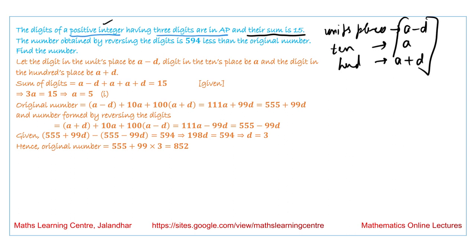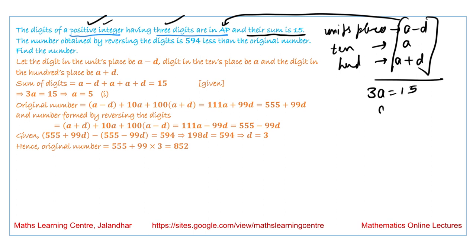These are the three numbers in AP, the digits of a 3-digit number, and their sum is given, so 3a is equal to 15. So we have the value of a equal to 5.